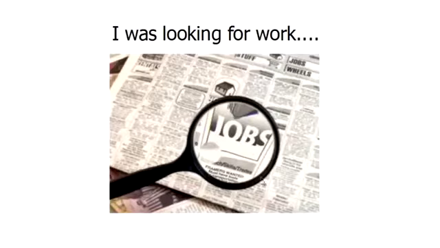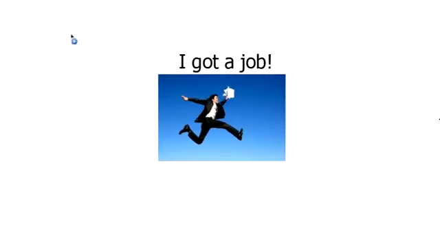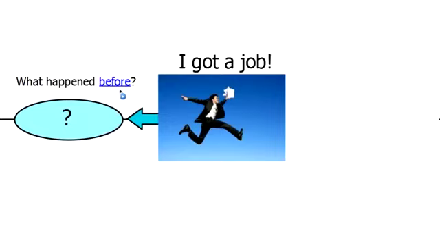Okay, so with this idea, I was looking for work in the newspaper, many different places, maybe the internet, maybe my friends, and I got a job. So I want to think, well, what happened before I got a job? What are the things that happened before in my life, before I got a job?